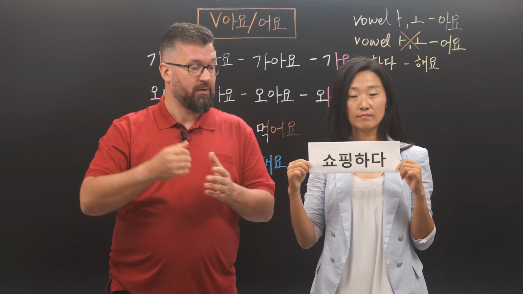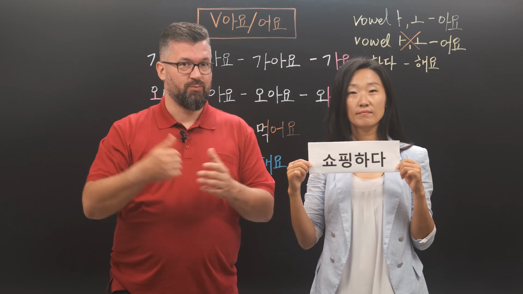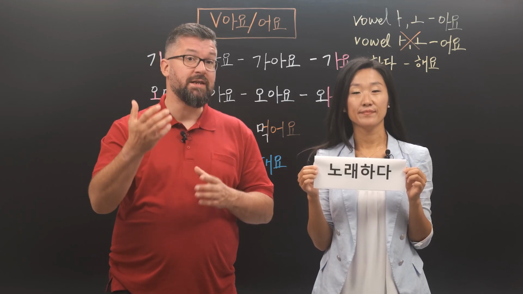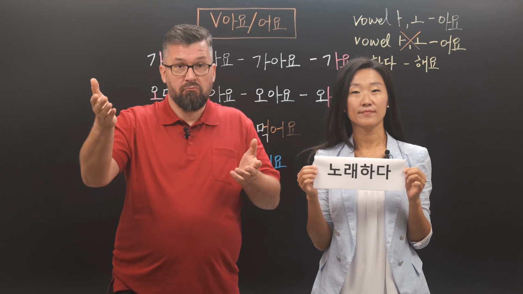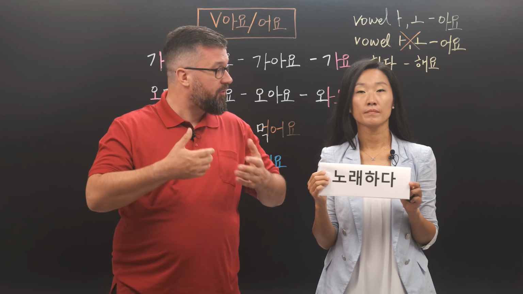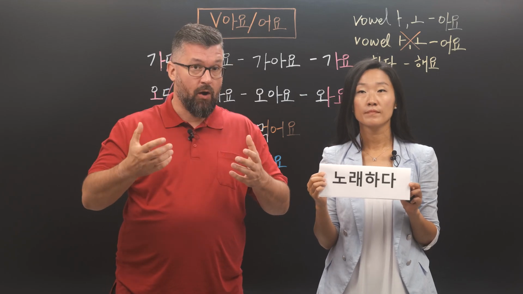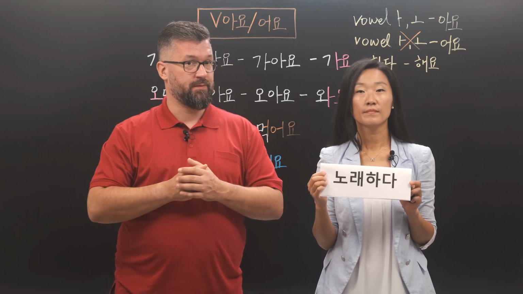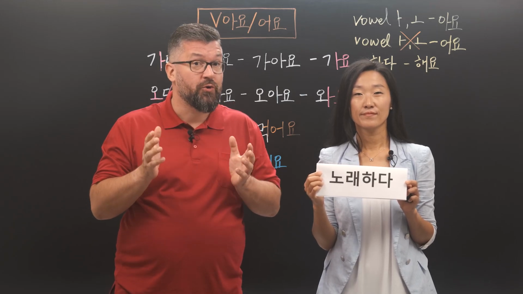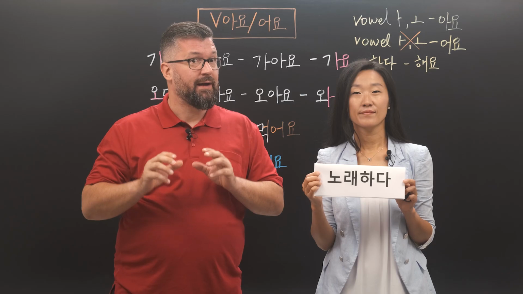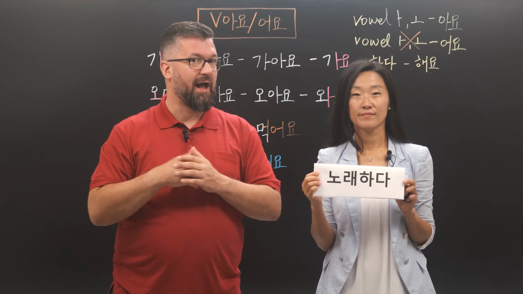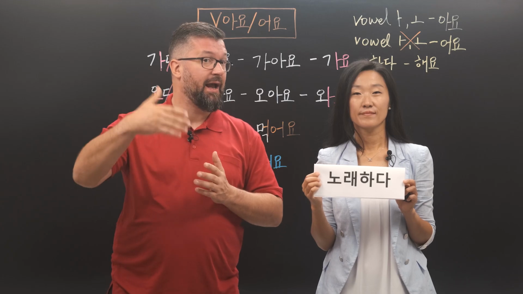Shopping means shopping. 하다 means to do. To go shopping. 노래하다. 노래 means song. 하다, to do. So to sing. Hada verbs always consist of a noun plus the verb to do. These verbs are actually handy because we only need to know how to conjugate to do. The noun stays the same, and we need to conjugate hada. For example, into the present tense, heyo.